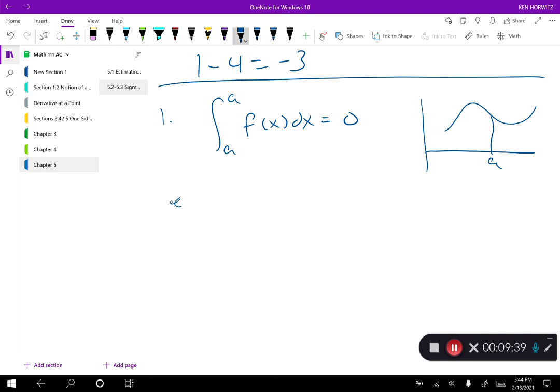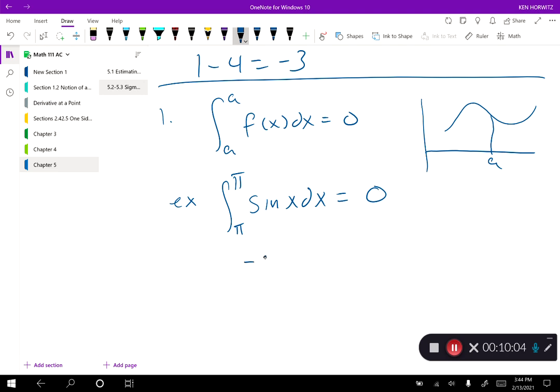So here is a quick example. I can integrate from pi to pi sine x dx. We know by rule the answer is 0. But let's take a look. What's the antiderivative of sine x? So what has a derivative of sine x?